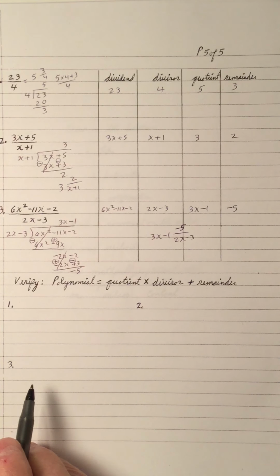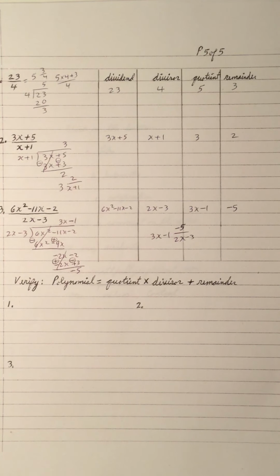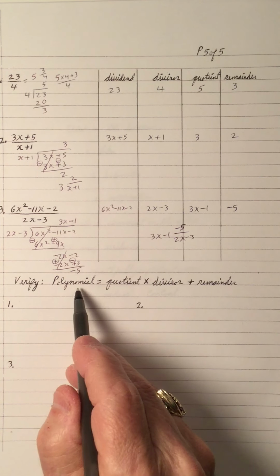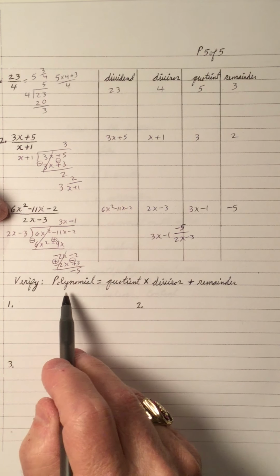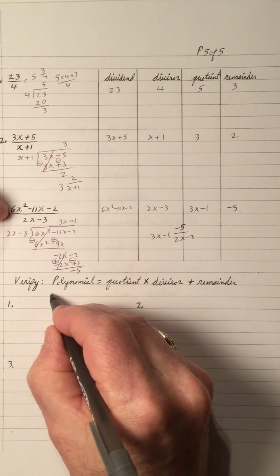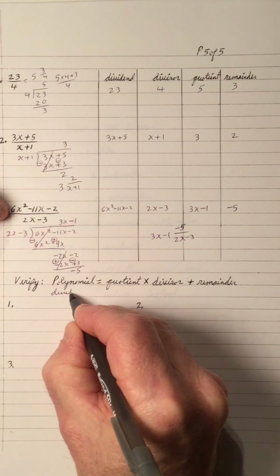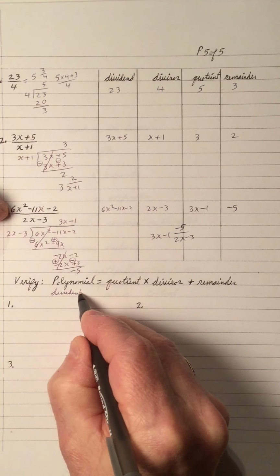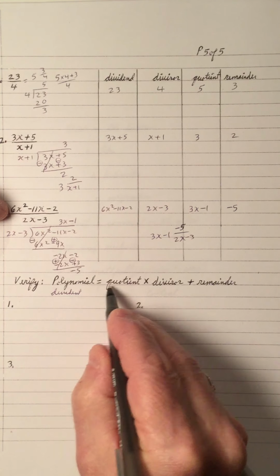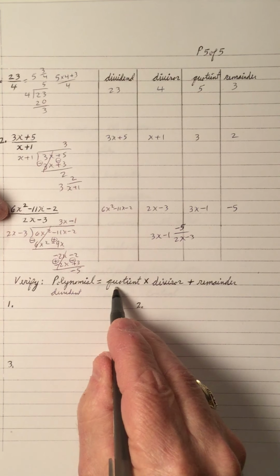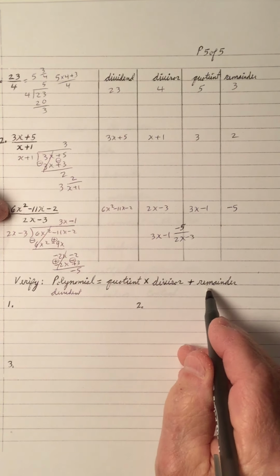So let's verify what we just did. Verify. The polynomial, which is our dividend, is made up of the quotient times the divisor plus the remainder.